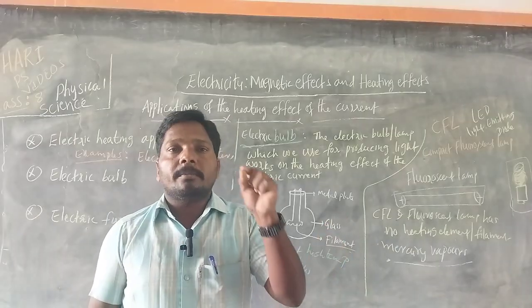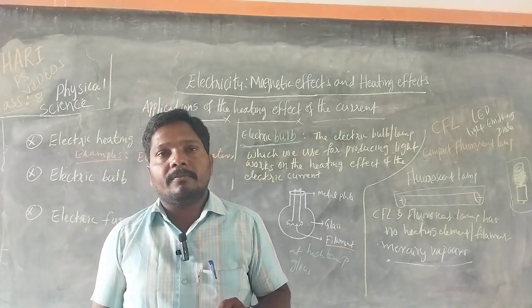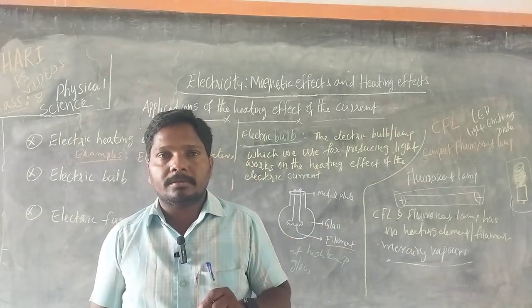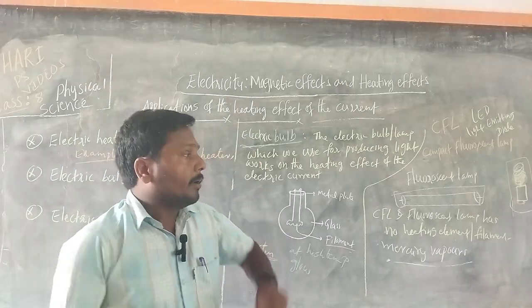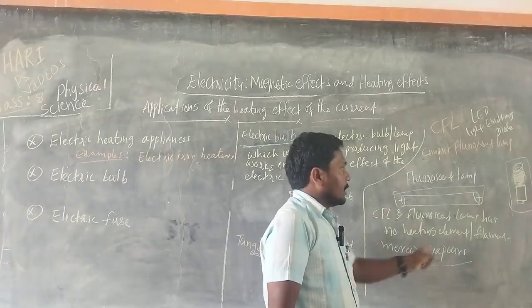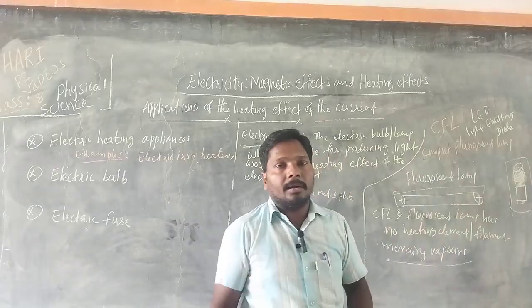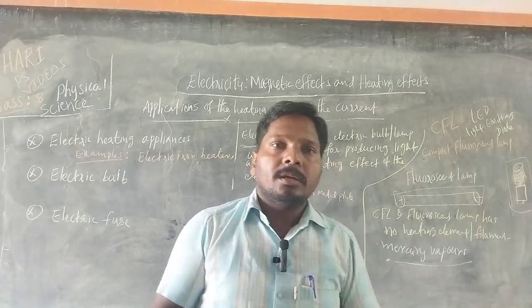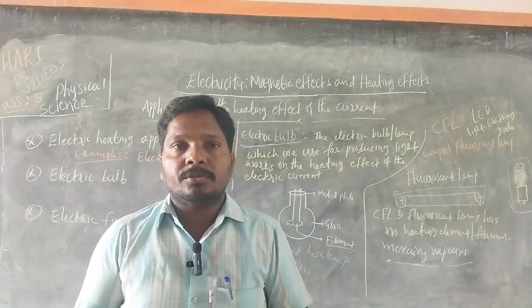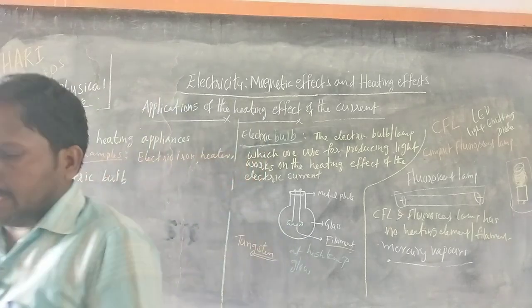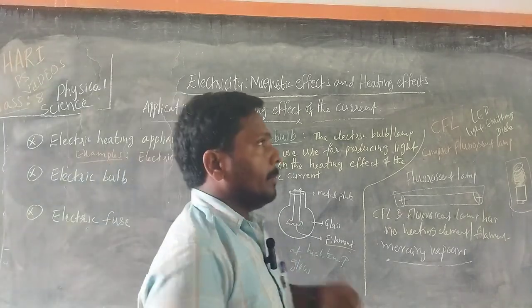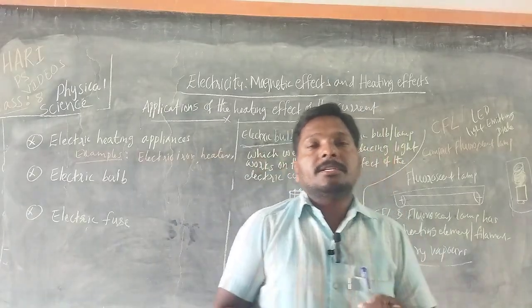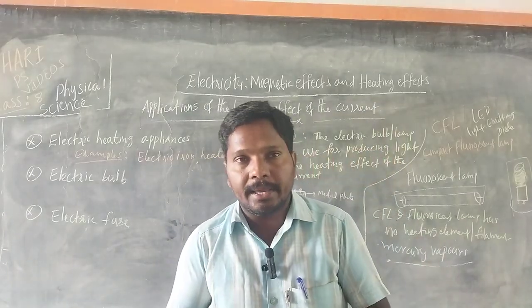They have some gases or vapors like mercury present. When these are connected to the circuit and we switch on, due to the electrical energy the mercury vapors emit an invisible ultraviolet radiation.